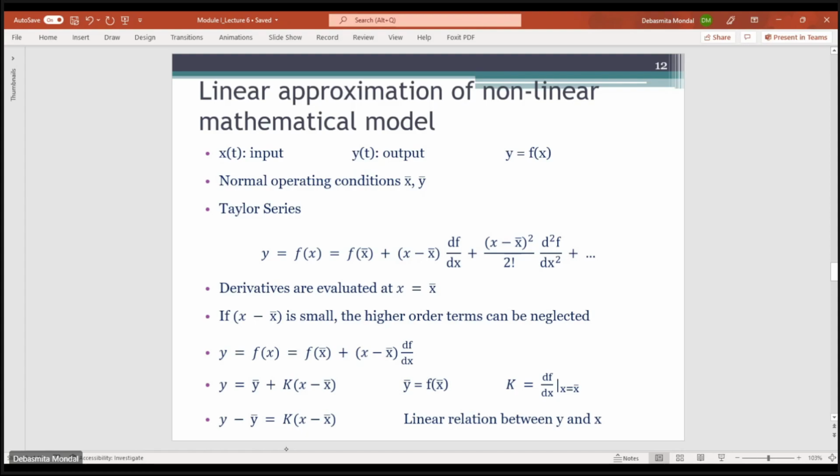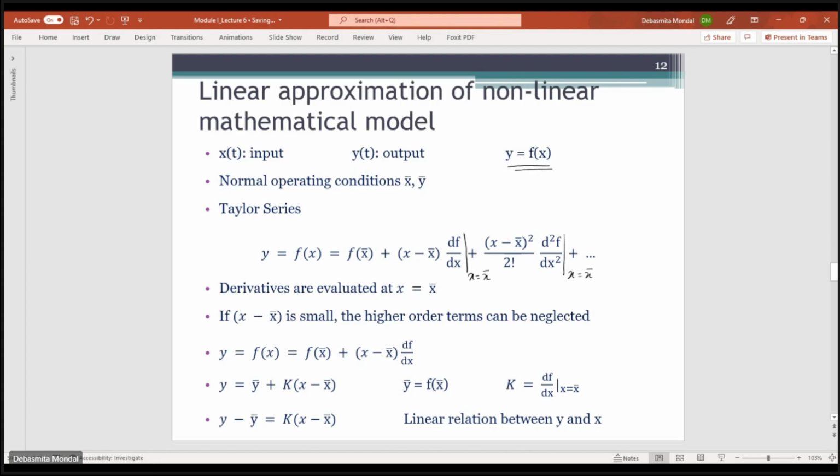So now if you do the Taylor series expansion of this function y equals f(x), that can be written as y equals f(x) equals f(x bar) plus (x minus x bar) times df/dx, plus (x minus x bar) whole square by 2 factorial times d2f/dx2, and so on and so forth. There will be multiple other higher terms. Okay, so all these derivatives are calculated at x equals x bar.